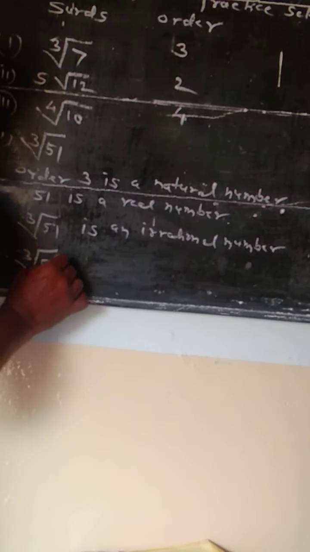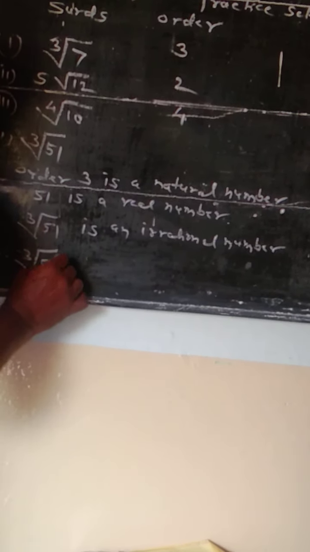Root 52 is a pure surd. Convert this surd into a mixed surd. Factorize 52 as 4 into 13. We can take the square root of 4, which is 2. This is 2 root 13.